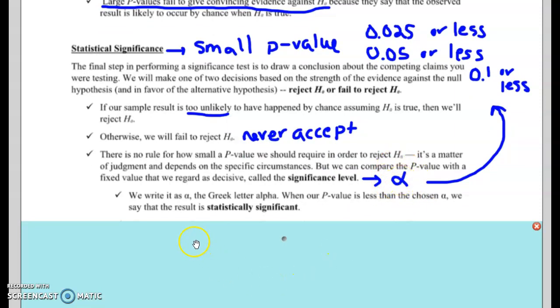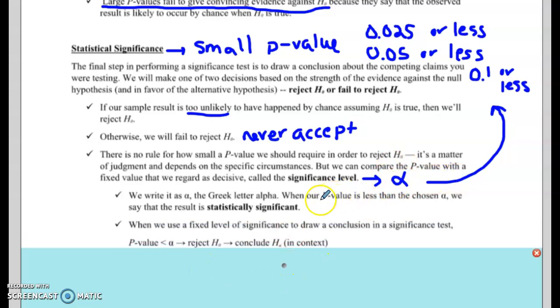So we'll be given an alpha. If you get a small p-value, smaller than the alpha, for example, let's say my alpha was 0.025 and I got a p-value of 0.001, that is a statistically significant result, meaning we decided to reject the null hypothesis. It was unusual.